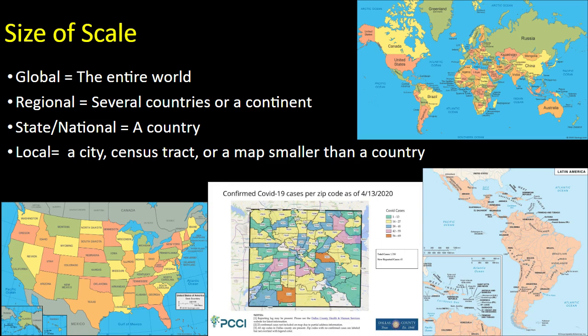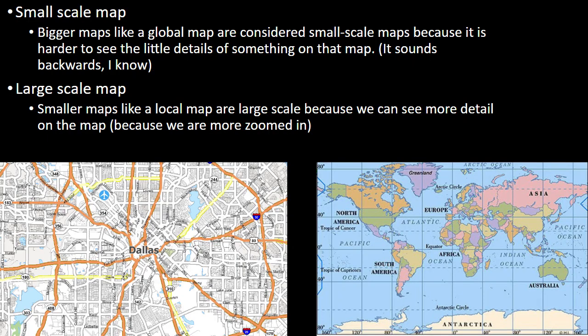All right, guys, here is something that confuses a lot of people because this is what's called counterintuitive. It means you think it's going to be one thing because it sounds right, but it's actually wrong. A small scale map is actually going to be a really big map. It's going to show you a large surface area of the Earth, like the one you see on the right.